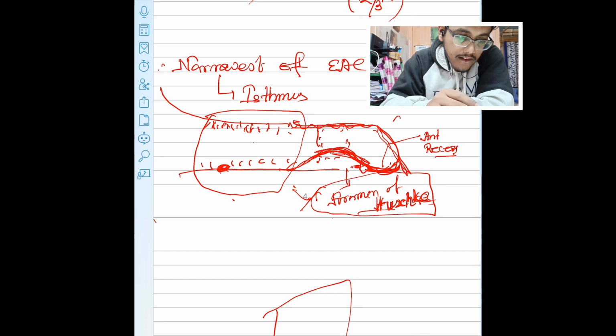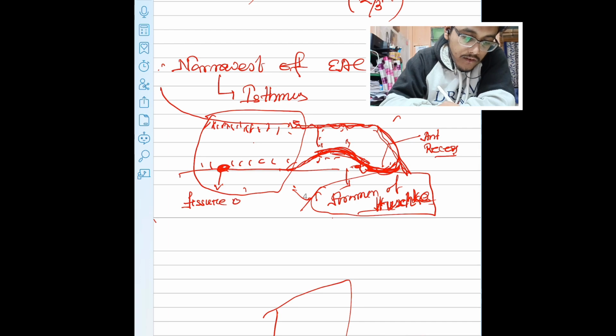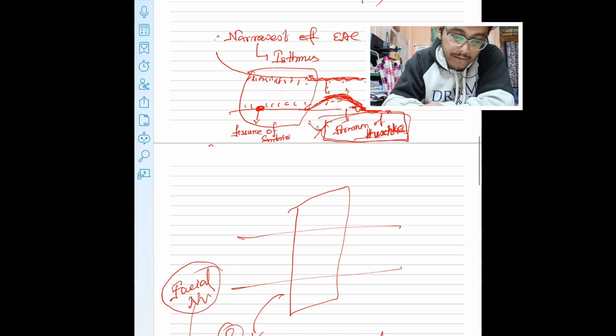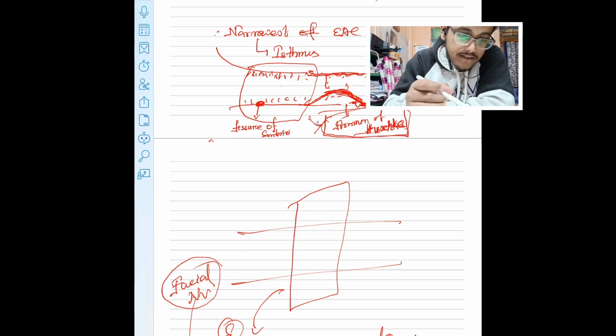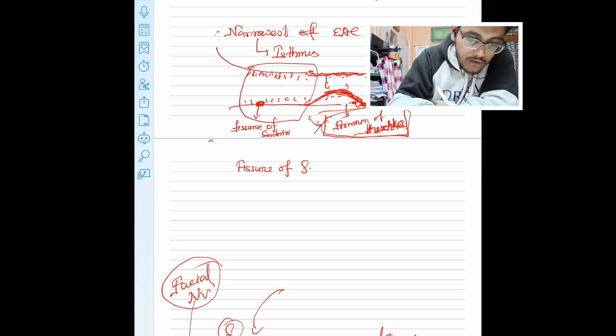In the outer cartilaginous part the fissure is called the fissure of Santorini. And in the bony part there is a foramen, known as the foramen of Fusca. What is the importance of the fissure of Santorini and the foramen of Fusca?